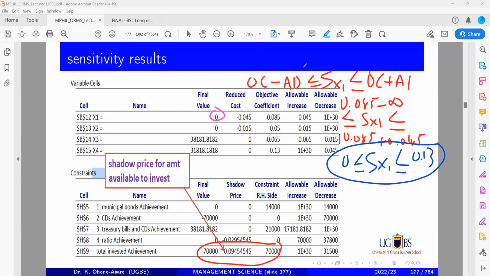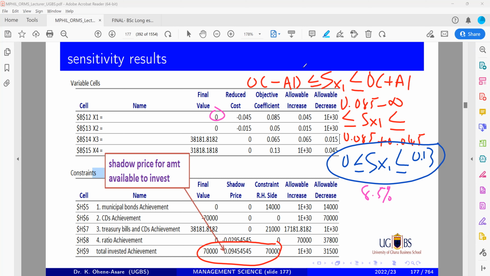Now, currently, the interest rate is 8.5%, and yet you did not invest in municipal bonds. But you can increase it, if not you, because you don't have control over that. If the financial institution were to increase the interest rate from 8.5, what is the maximum they can go to?